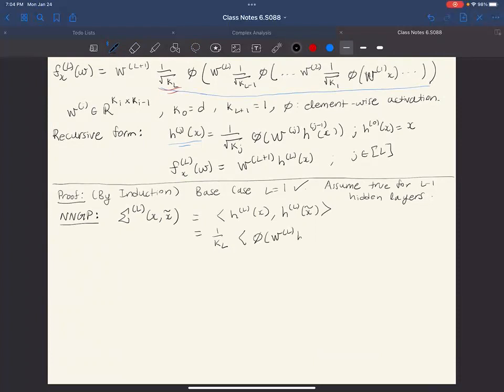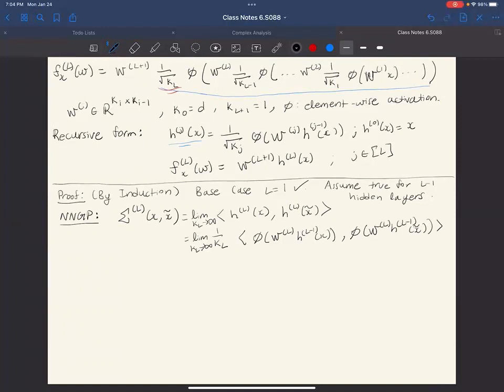And I'm just going to write it as h of L minus 1 of x. Oops, and I forgot that, of course, here we're considering the limit where KL goes to infinity. We want this infinite width neural tangent kernel. And then, substituting in for h of L of x tilde, we just get the following.